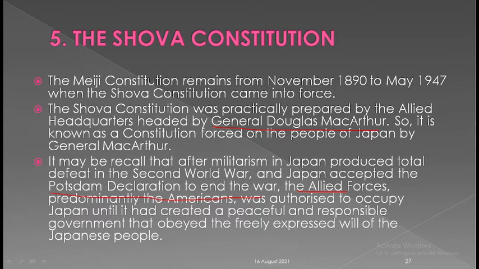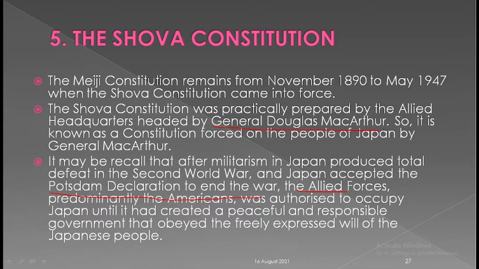Now, till that time, Japan was an empire. In other words, Japan was a country ruled by an emperor. So, the United States and other Allied powers were scared that if they didn't establish a democratic country, since Japanese people are very patriotic and very nationalistic, they might prepare for war again.